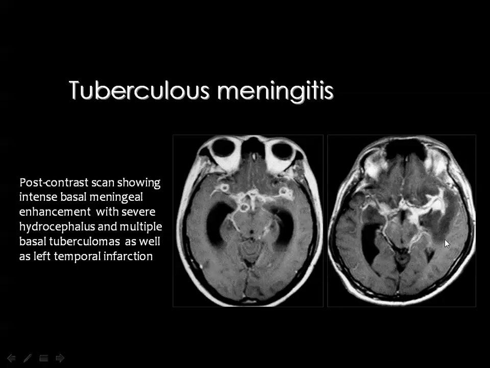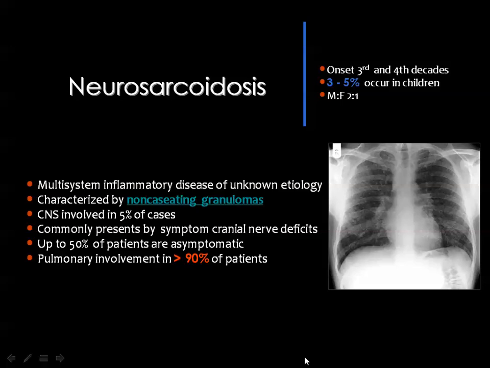And here, this is the cause of this high and low signal intensity lesion in the temporal lobe, which represents an ischemic area.